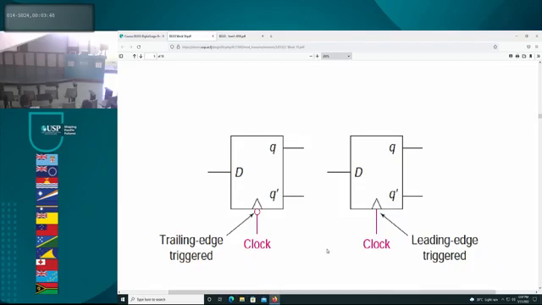Obviously, there are only two things: the clock pulse can go from low to high, or from high to low. So this particular flip-flop will only function when the clock pulse goes from high to low. And this one here will go from low to high. Then it will take in what is D.